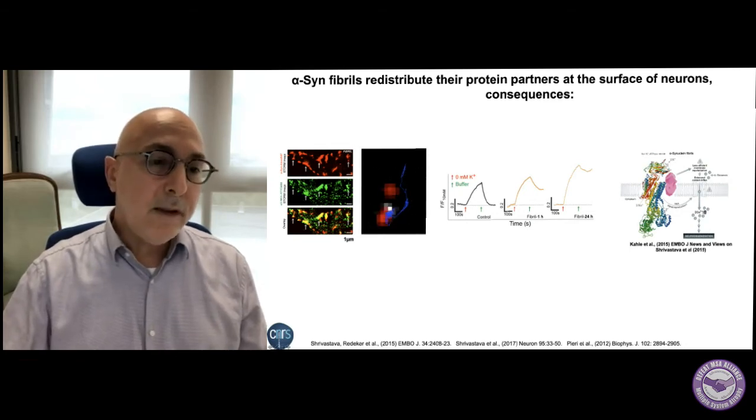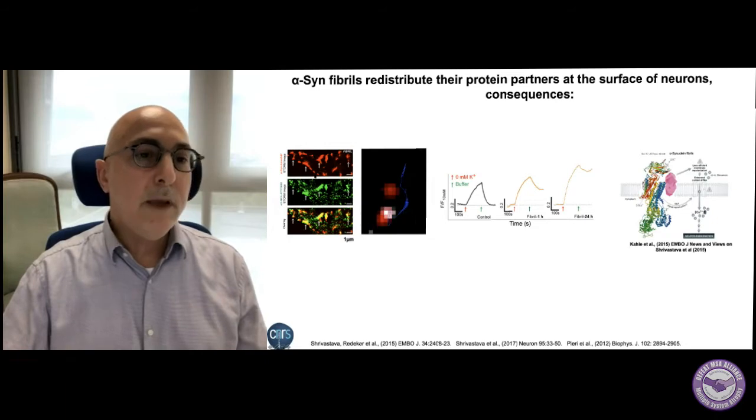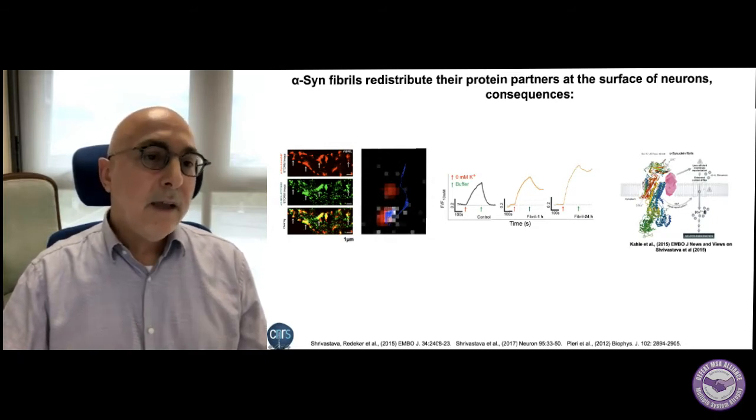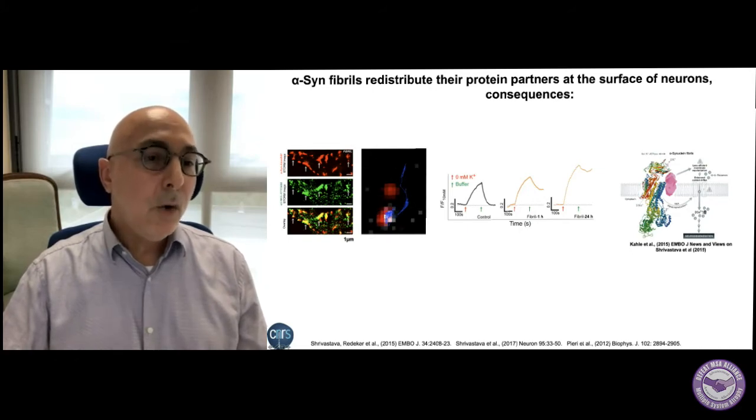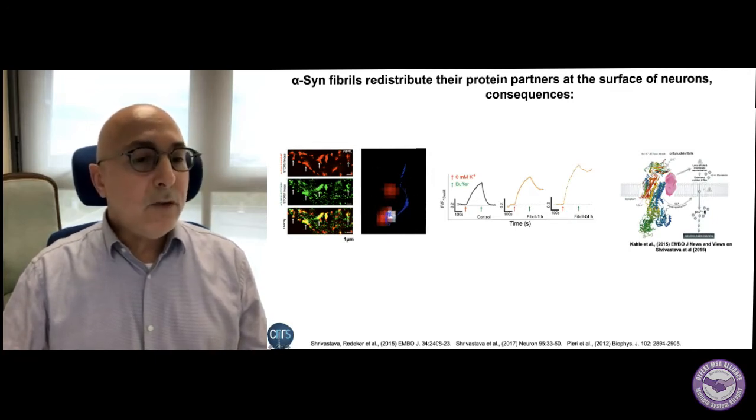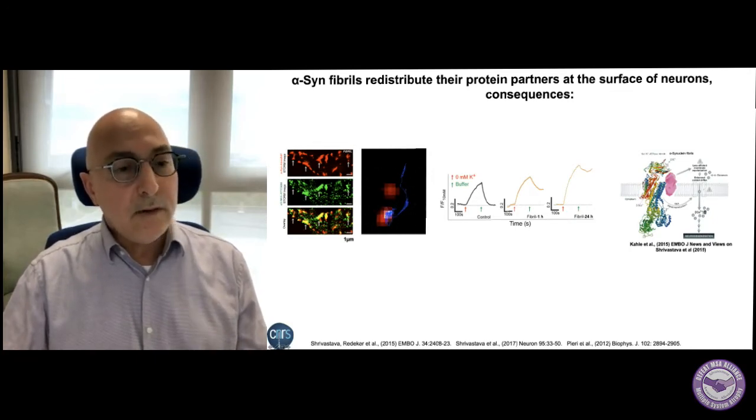So this protein is evenly distributed at the surface of the neuron, except when we expose the neuron to aggregated alpha-synuclein. These aggregates form clumps at the surface of the neuron. And you can see here that the sodium-potassium ATPase labeled in green also forms clumps then, and these clumps co-localize, meaning that the sodium-potassium ATPase is redistributed at the surface of the neuron.